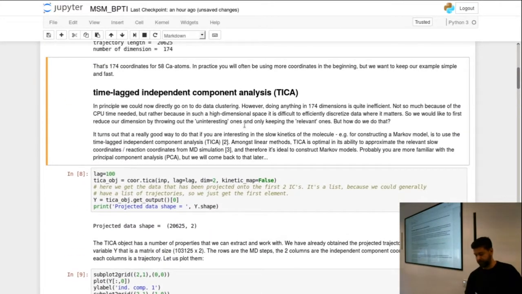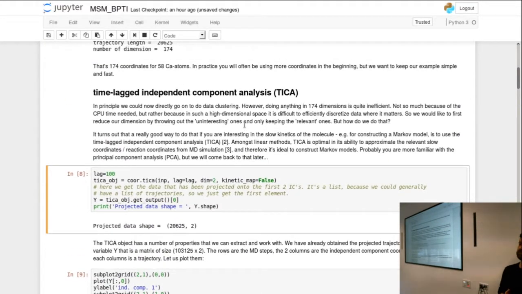And we do TICA. TICA, as you heard this morning, hopefully, is a dimensionality reduction technique that takes into account kinetic information, and it's optimally suited to build MSMs out of. So we just do it with this method of PyEMMA. The only parameter that we are actually giving is the lag time, which specifies at what delay the time-lagged covariance matrices between the input features, those Cartesian coordinates, are computed.